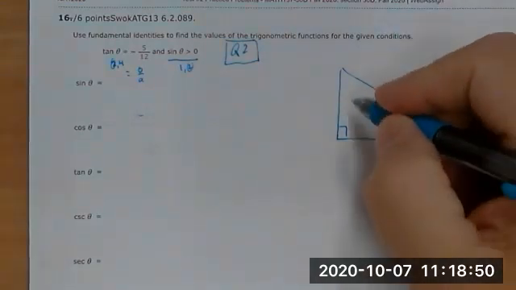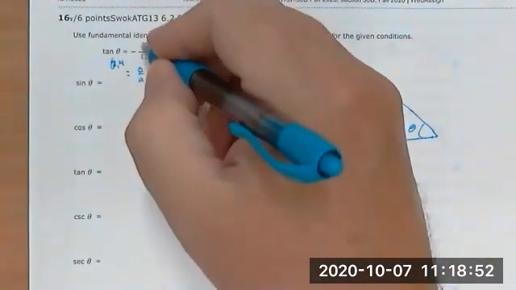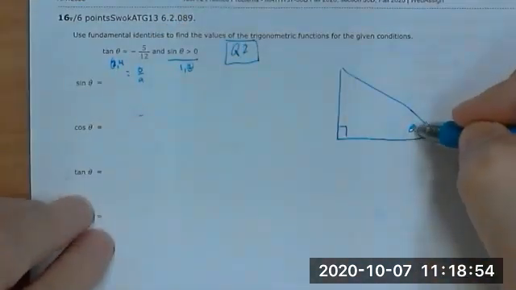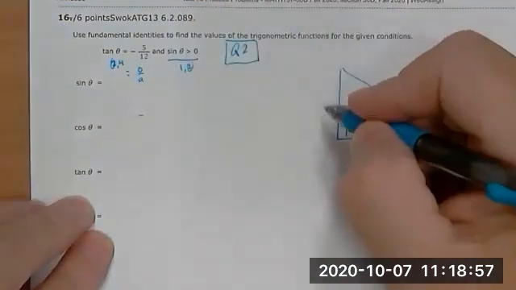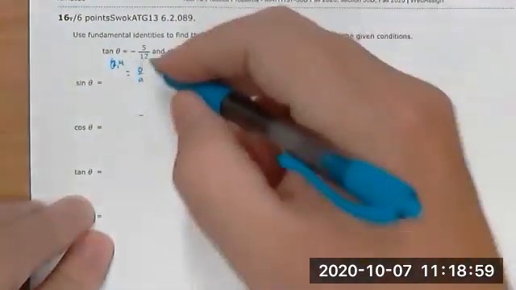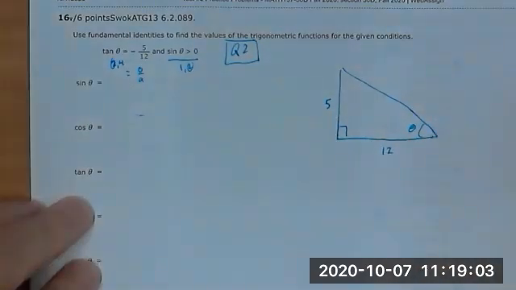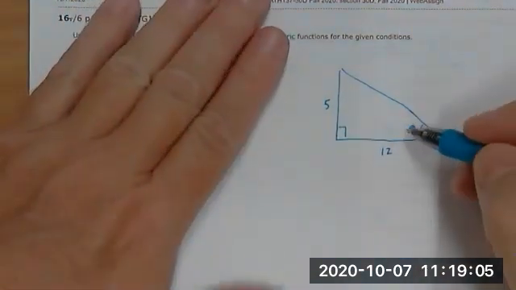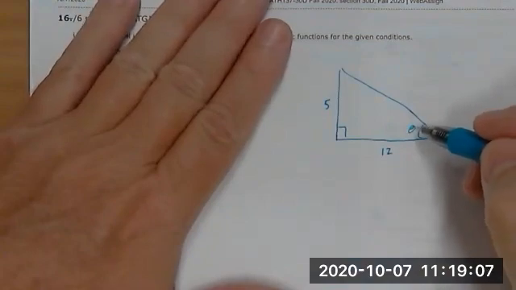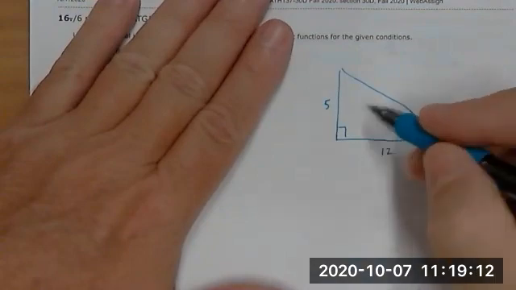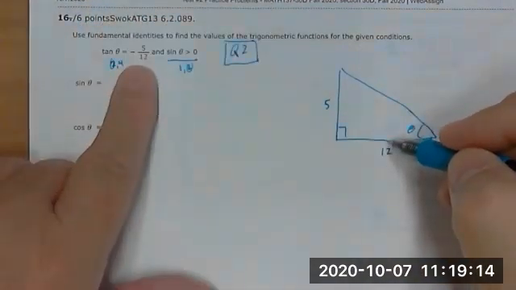All I really care about when I create my triangle is just the actual numbers. So if this is my angle, opposite is 5, adjacent is 12, right? If I were to give you this triangle and say, find the tangent of theta, you would say tangent of theta is 5 over 12, which is what I have here.